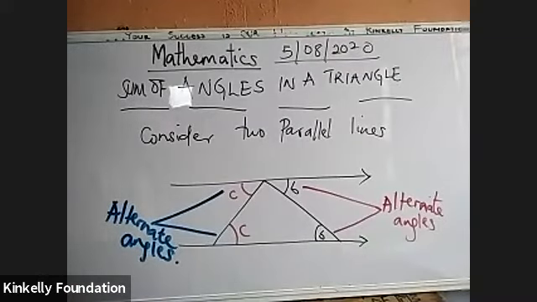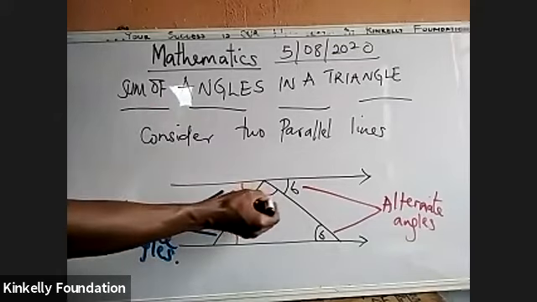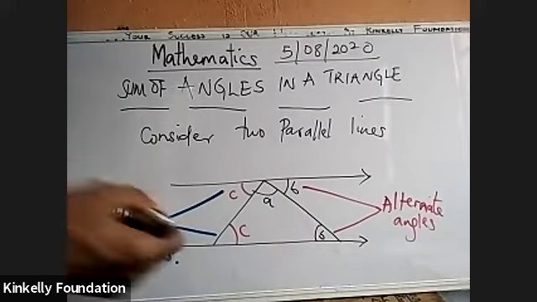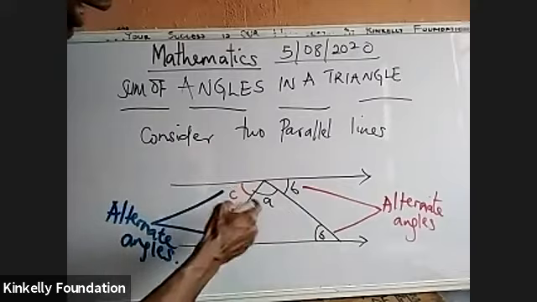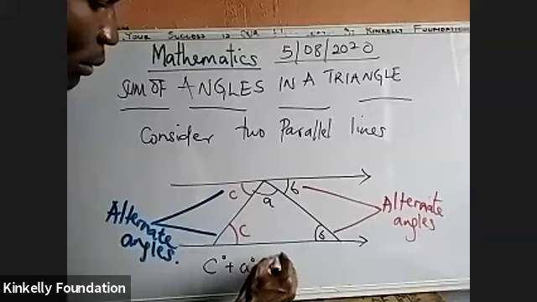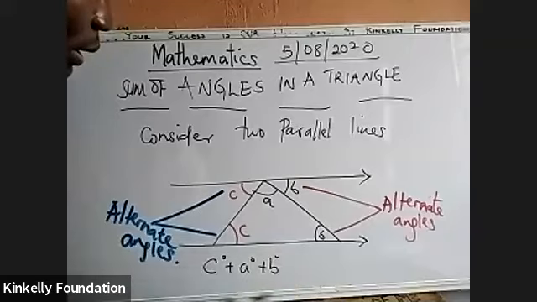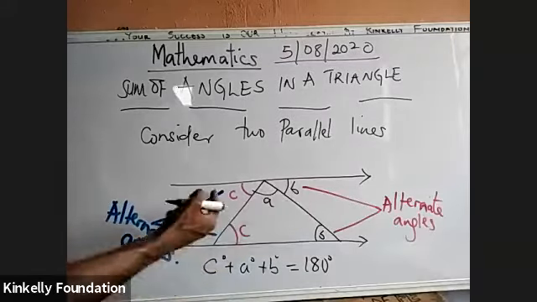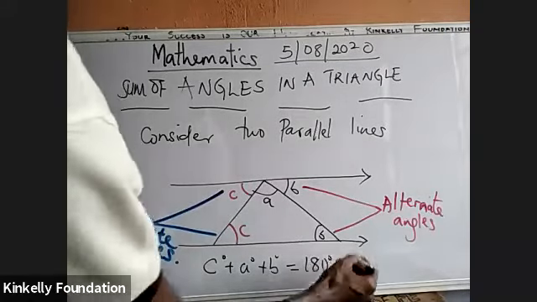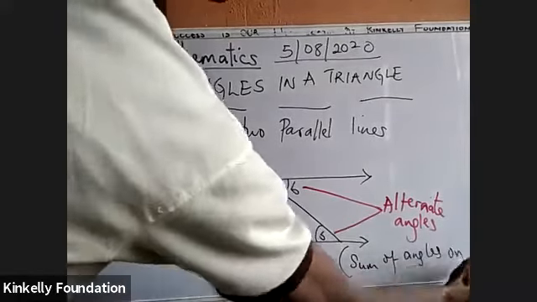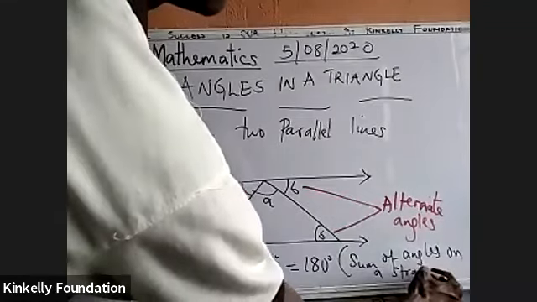Now, let's have the next one. Look at this one here, A. Do you see this? Now, if you check C plus A plus B, C plus A plus B is equal to 180 degrees. For this particular one, this was the sum of angles on a straight line.